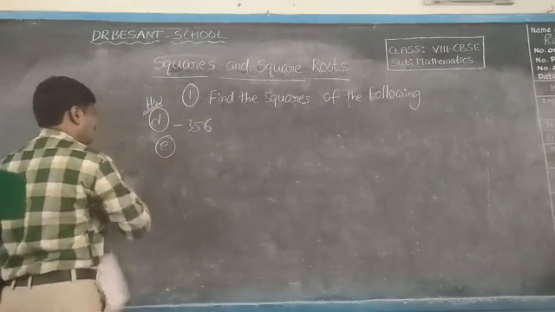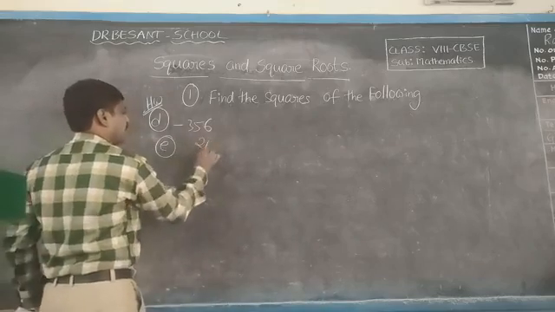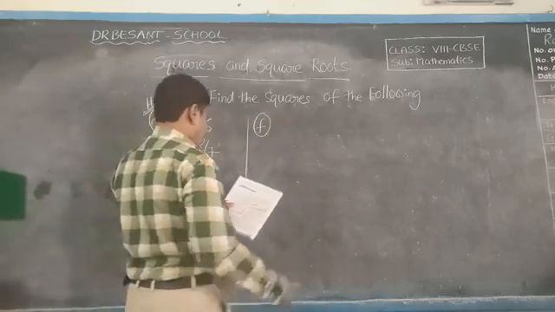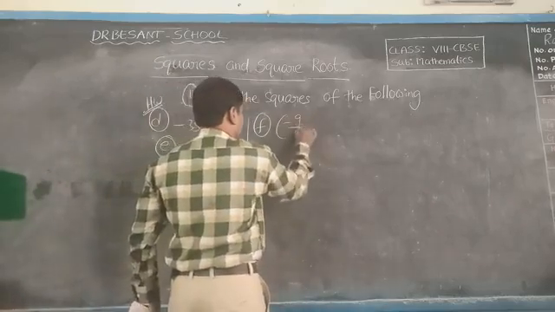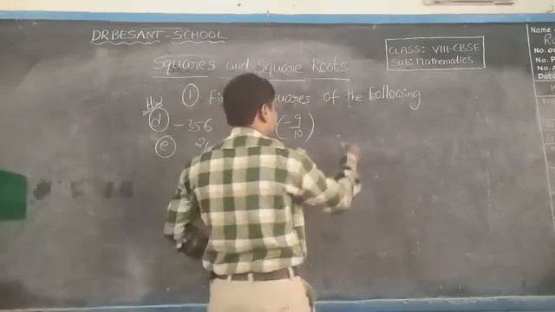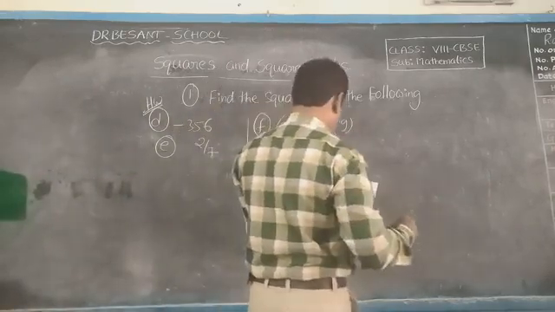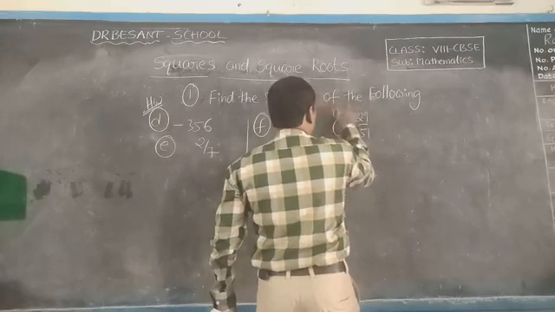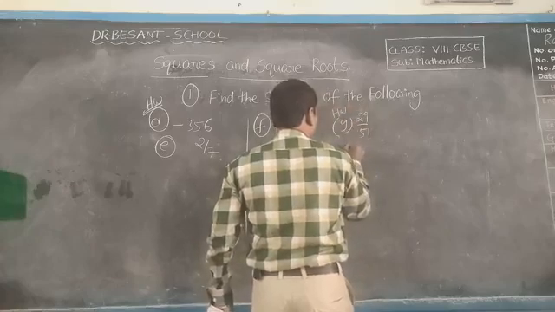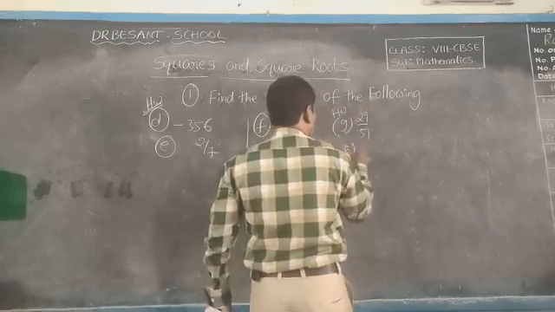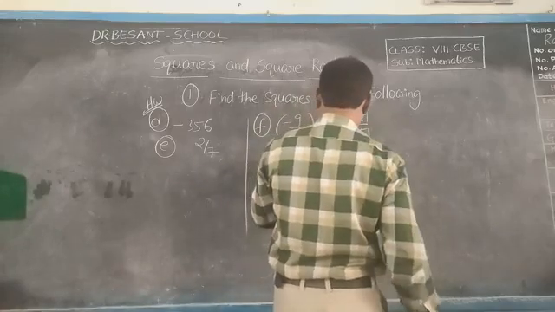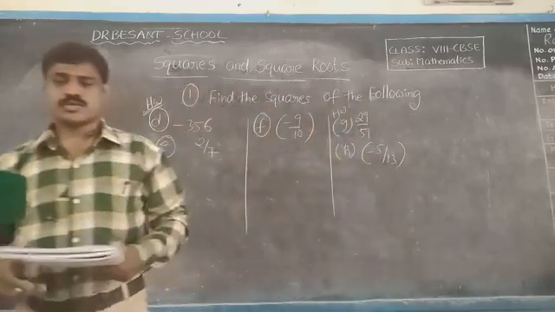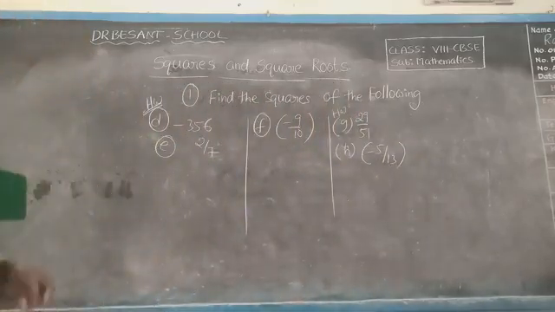Next, E: 2 by 7. F: minus 9 by 10. G: 29 by 51, this one do as homework. H: minus 5 by 13. Okay, so now I will solve the remaining.